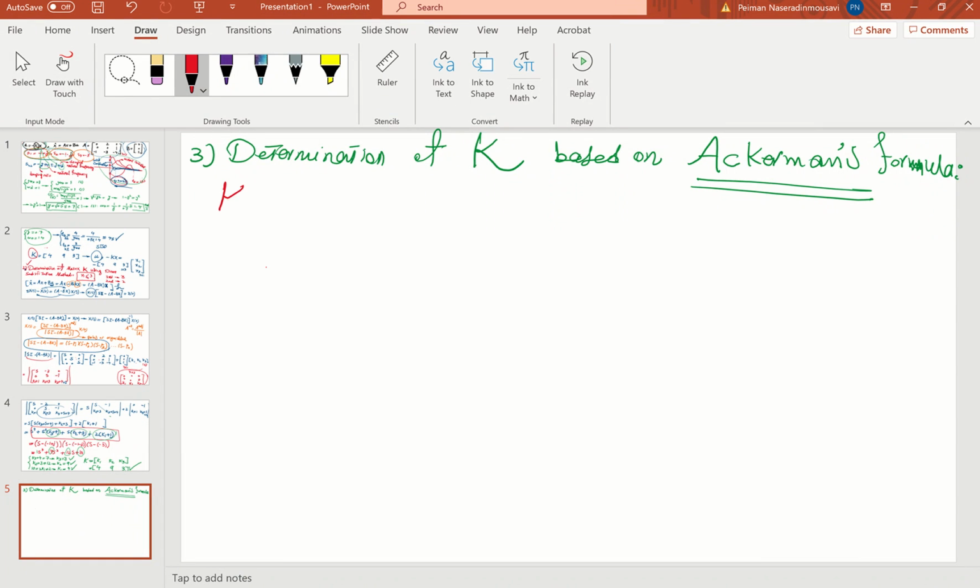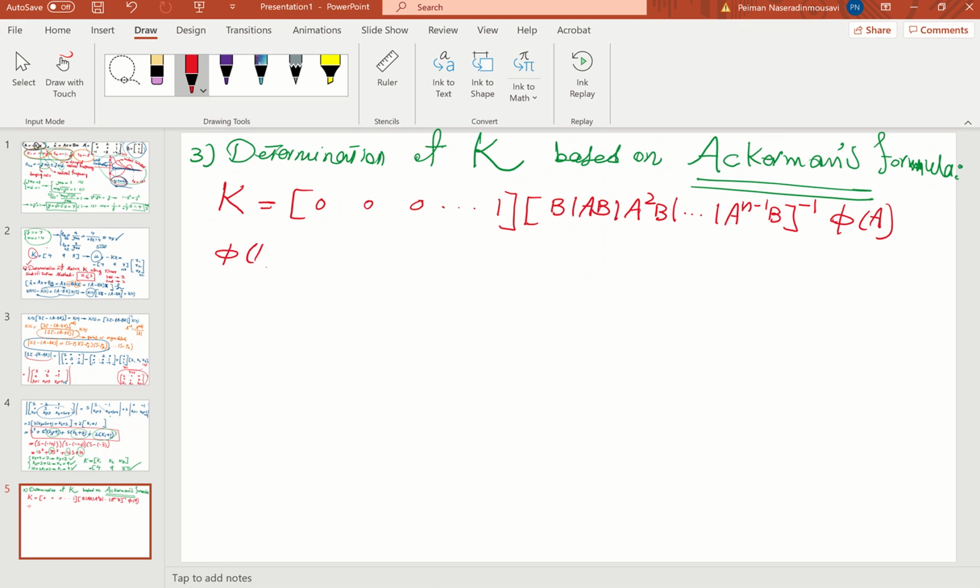K is equal to 0, 0, 0, 1 times the inverse of the controllability matrix, which is B, AB, up to A to the n minus 1, right? Times phi of A. What is phi of A?